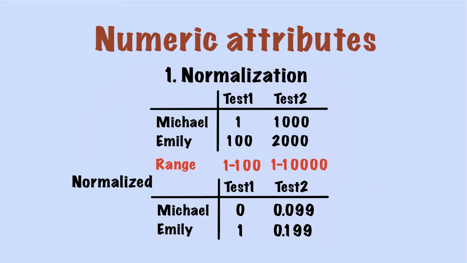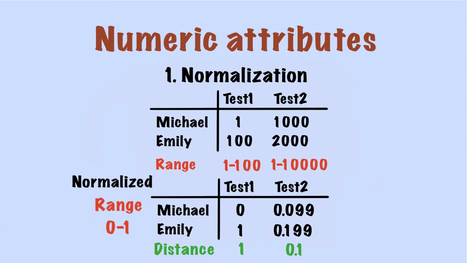The table below is the complete normalized data. So, what has the normalization done exactly? First, the range becomes 0 to 1 for both test 1 and test 2. That is, we unify the range for all attributes. Second, by simple deduction, the distance for test 1 becomes 1, for test 2 becomes 0.1.